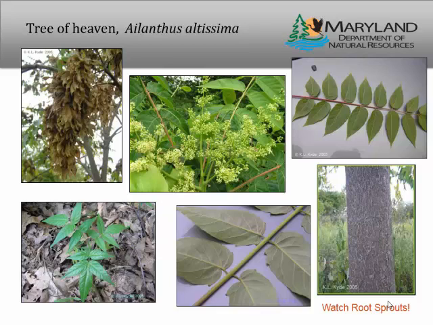So this, just a couple of quick ID features. They have a compound leaf. It looks similar to a sumac or a walnut, but if you look closely at the leaf, like the bottom of the picture here, there's a little lobe on the bottom of each leaflet, and it has a little pimple-like gland at the base of it. If you break off a leaf and you smell the inside or crush a leaf, it smells like rotten peanut butter.